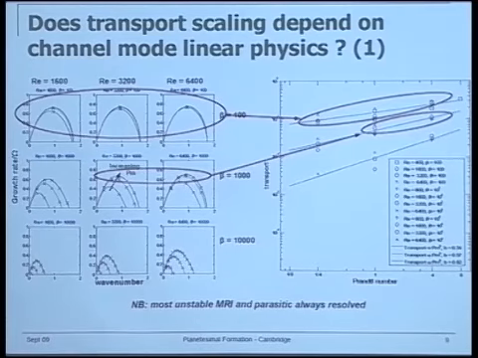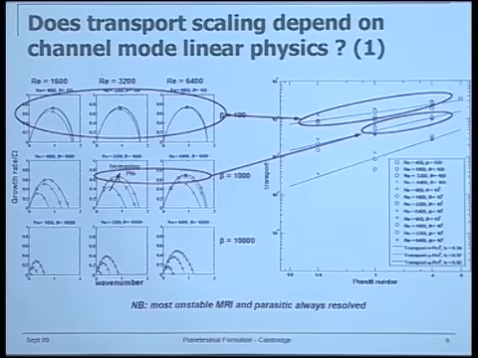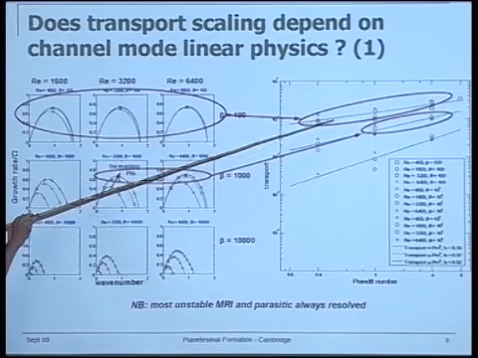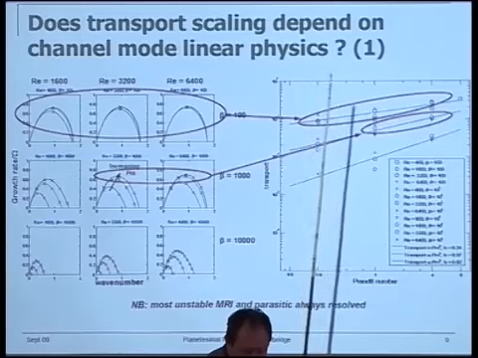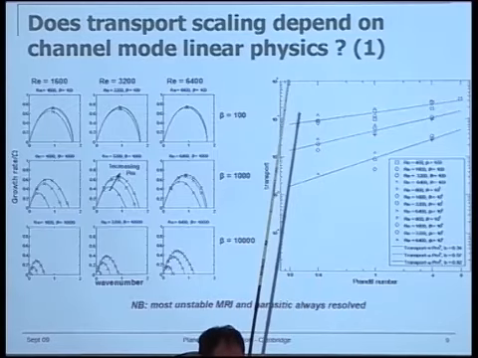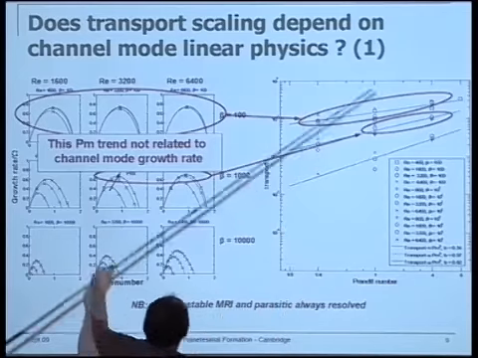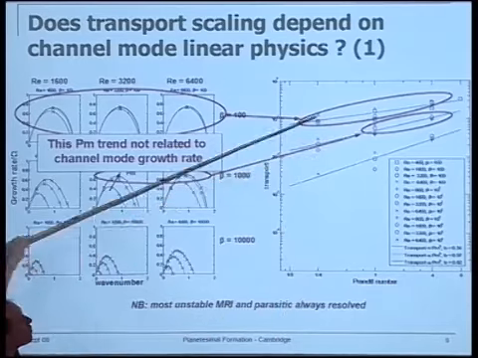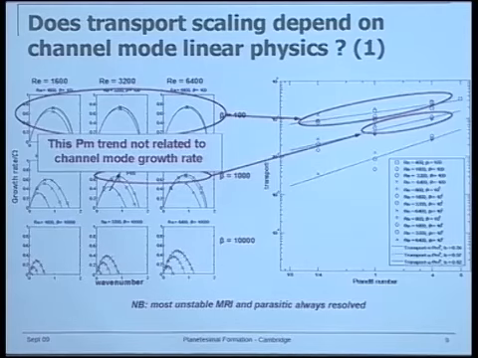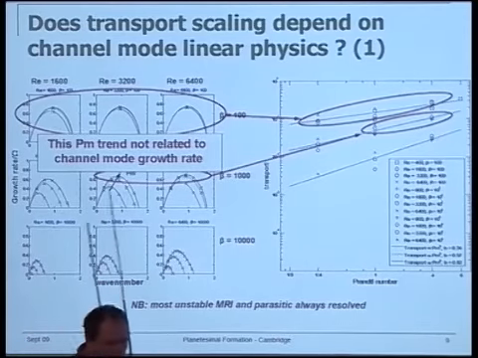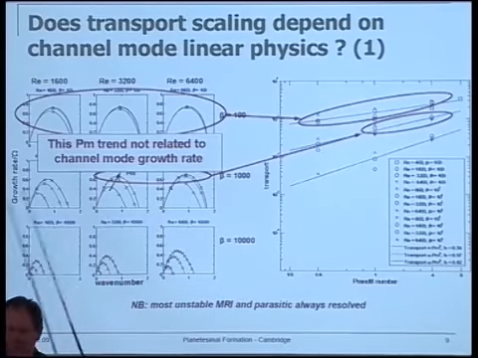For these, it is the growth rate of the inviscid, non-resistive, ideal MRI. They achieve the ideal MRI growth rate. So the first conclusion is that at least this Prandtl number trend here does not depend on the growth rate. That's been a question which has been asked a number of times. At least for these ones. I'm not saying for the others, at least for these ones.